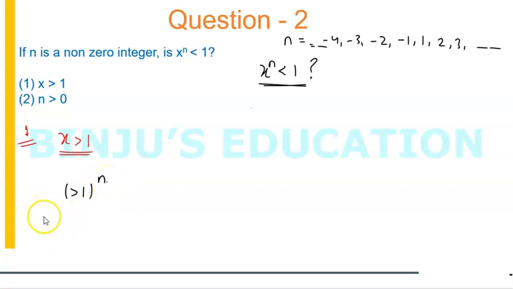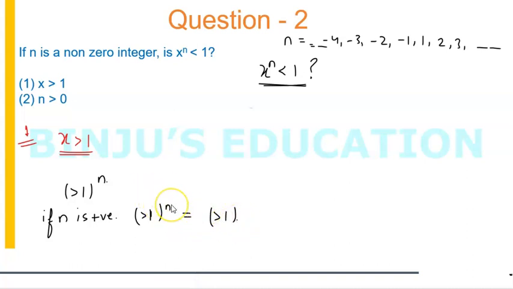Now if n is positive, then something greater than 1 raised to the power n will also be greater than 1.